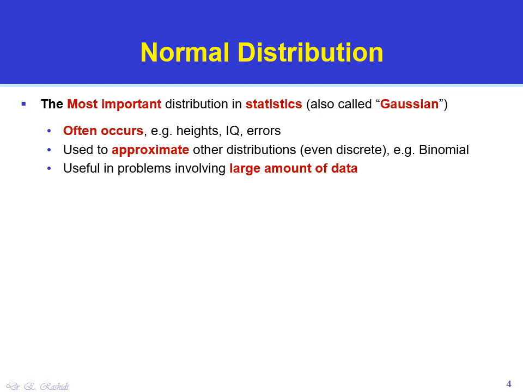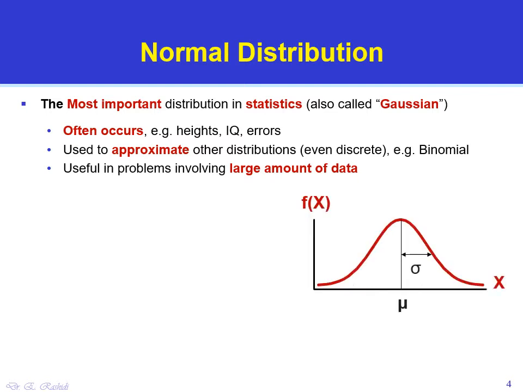Now let's take a look at the shape of the normal distribution. As you see here, we have the random variable x on the x-axis, and the probability density function f of x on the y-axis. In the middle, we have the average, the expected value mu. As you notice, the shape of the normal distribution is bell-shaped.